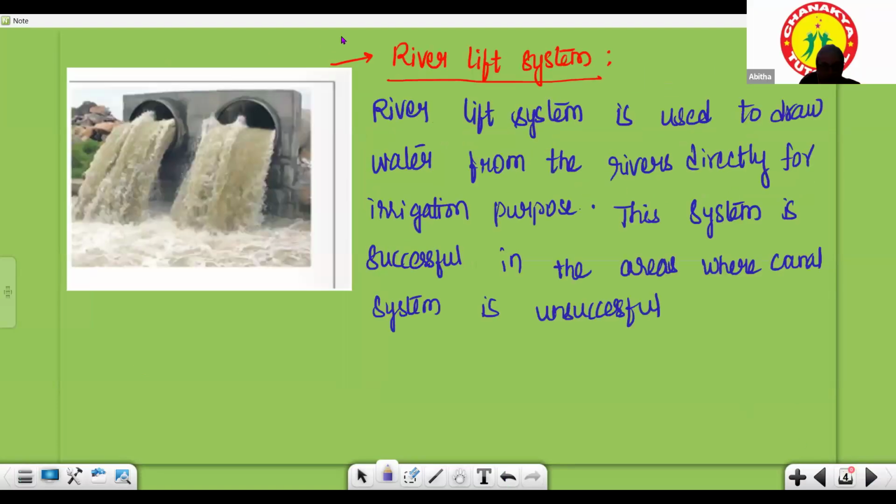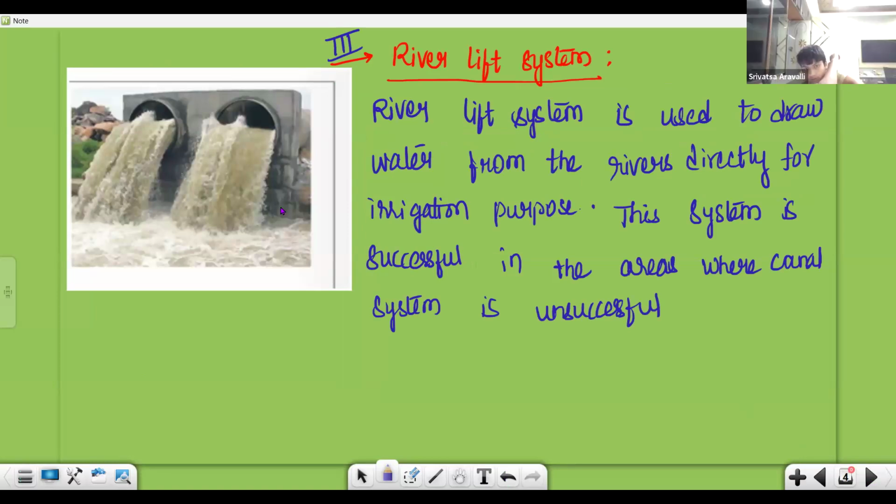Next type. The third one is river lift system. Please read about river lift system. River lift system is used to draw water from a river directly for irrigation purpose, right?